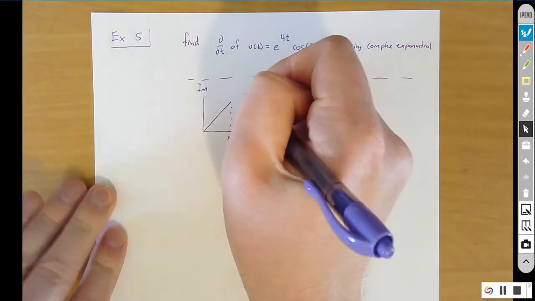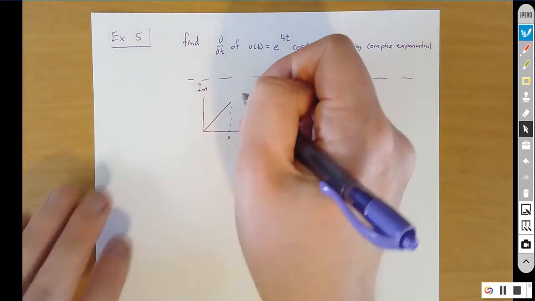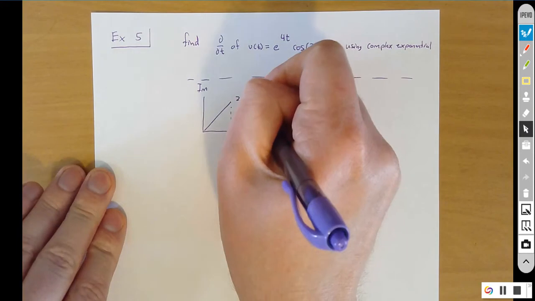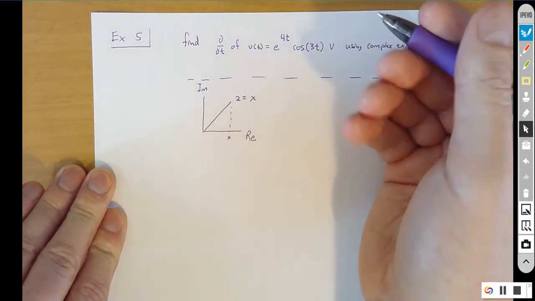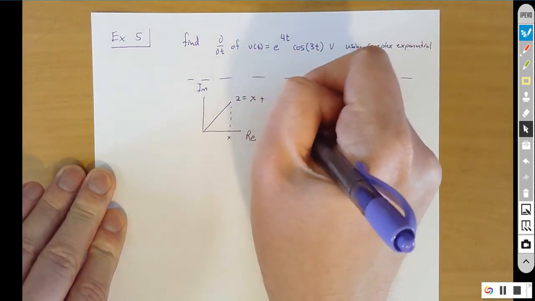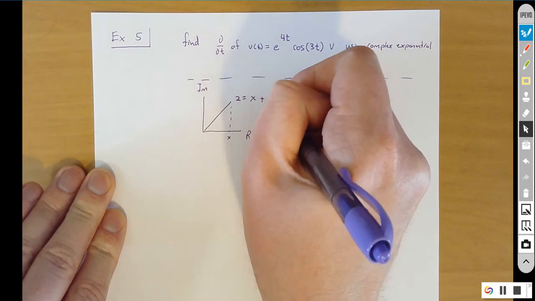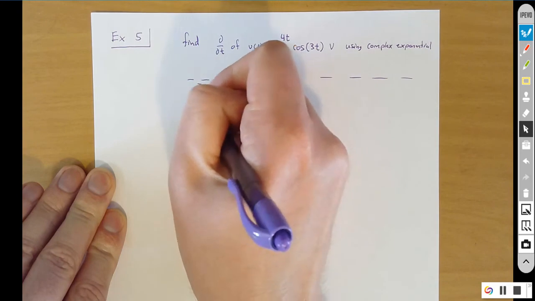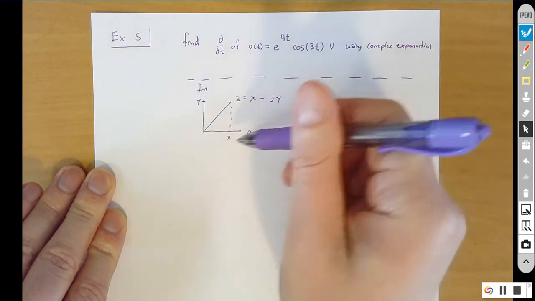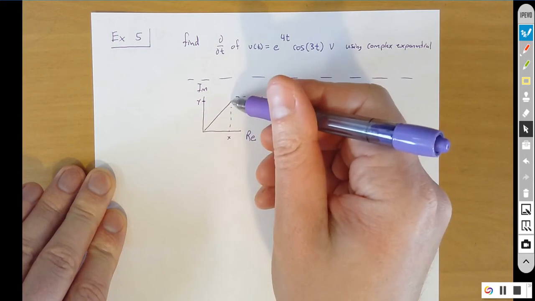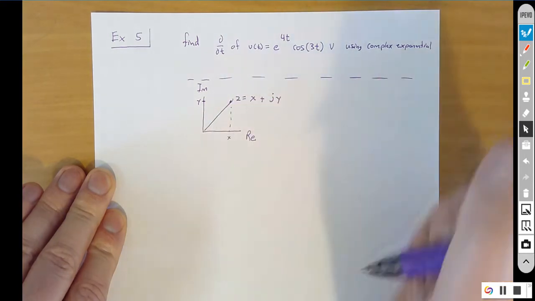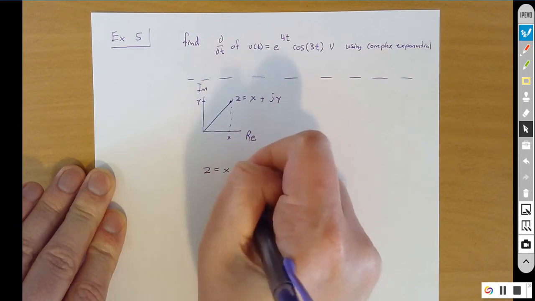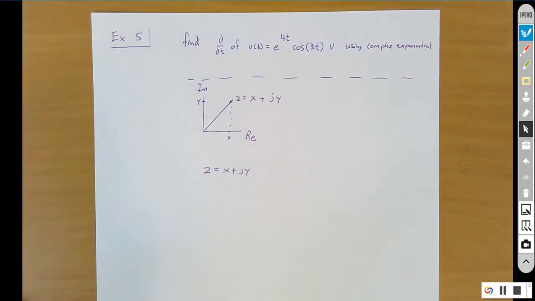So we can say that z is equal to x, the x in the real direction, plus some y in the imaginary direction. I'll use the j again here. So we have some y component in the imaginary direction and some x component in the real direction, and that'll get us up here to this point: we go over and then up. So z is equal to x plus jy. That's our rectangular coordinate system.